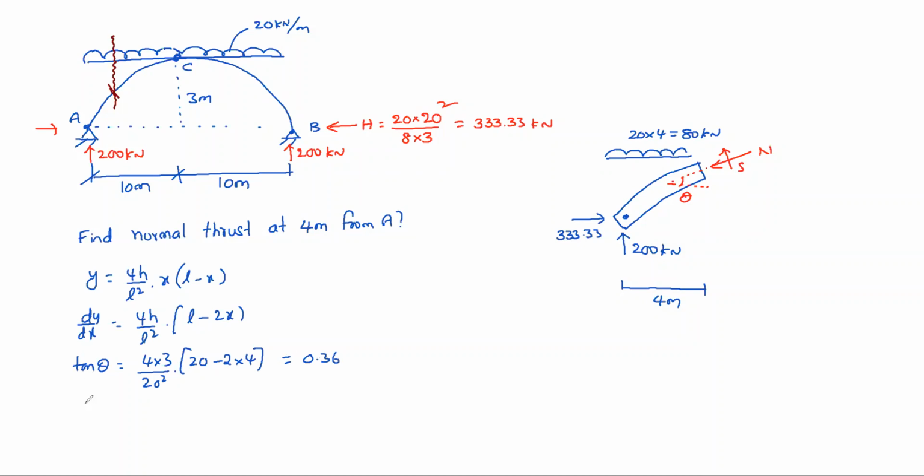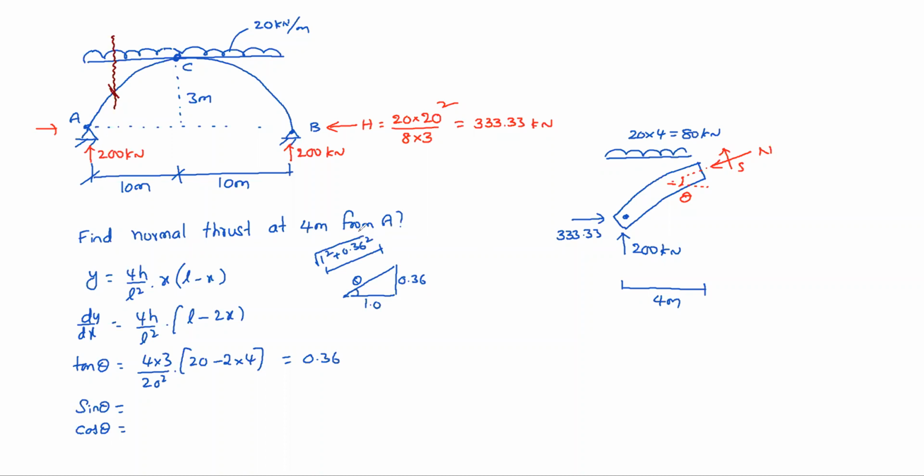So sin theta how much, cos theta how much? A simple way of finding sin theta and cos theta: suppose this is theta, this is 0.36 and this is 1. So the hypotenuse is root of 1 square plus 0.36 square.